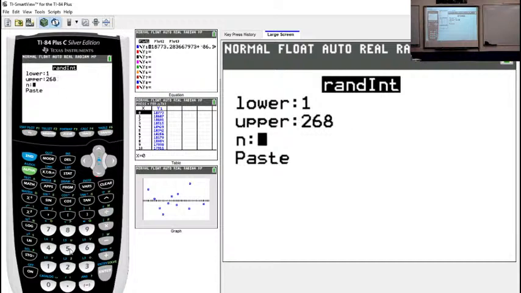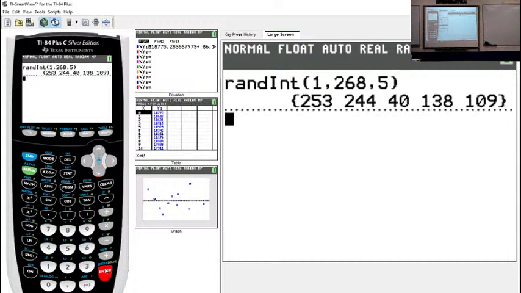I want 5 of them. So the idea is that we're using some sort of random number generator, random number table, something to make sure that everything has an equal chance of being selected. So there's my sample of 5 words from the calculator's random integer generator.